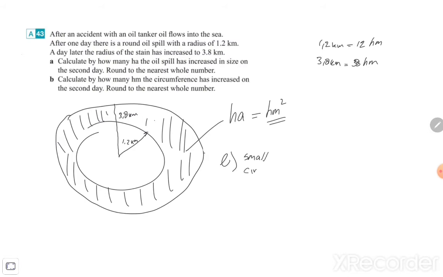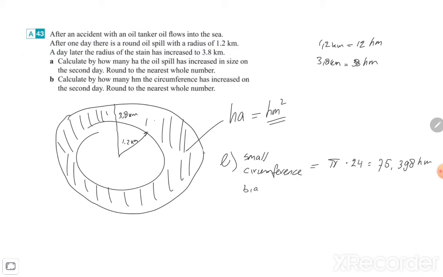First the circumference of the small circle. The circumference is pi times the diameter. The diameter of the small circle is not 12 hectometers, because that's the radius. So pi times 24, 2 times the radius, is 75.398 hectometers.